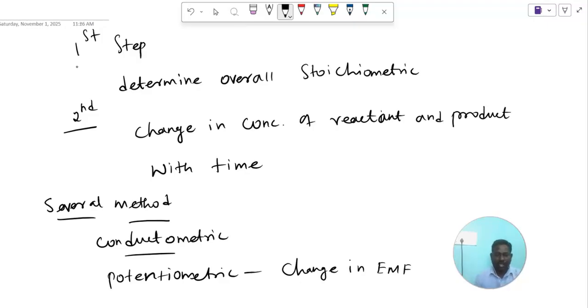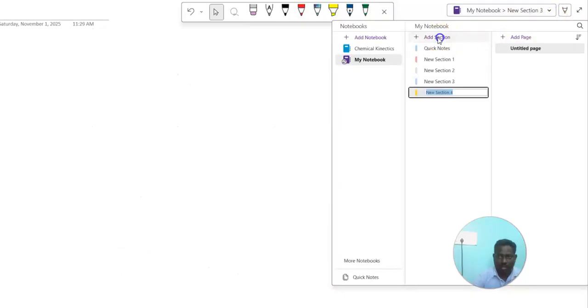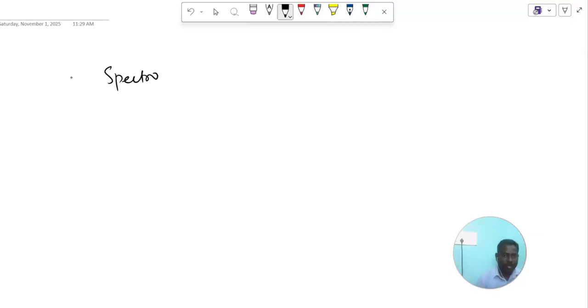And there are some other methods like spectrophotometer. In spectrophotometer, the photolysis reaction is studied. Photolysis of gas and liquid.